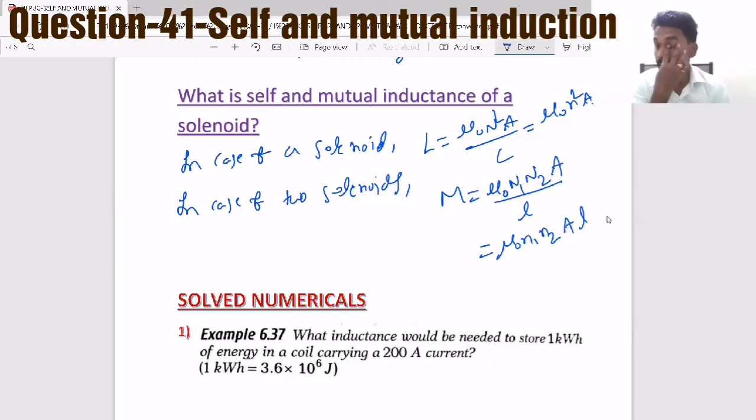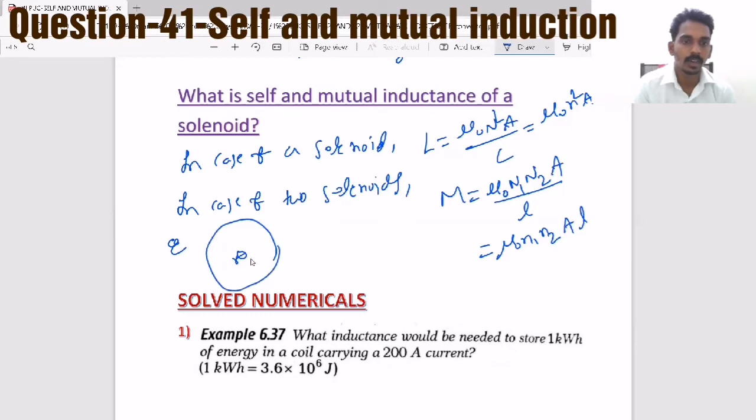Sometimes they may also ask a combination, for example, one small coil of radius r and one big coil of radius R. They place it like this. Then what you have to find is the flux linked with the inner coil.